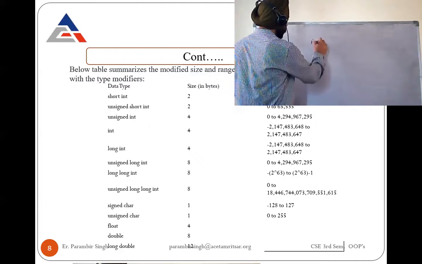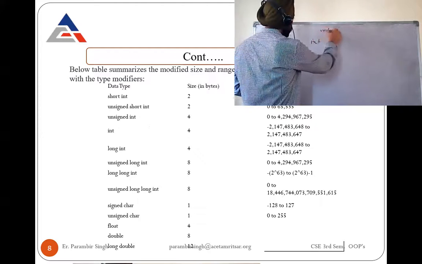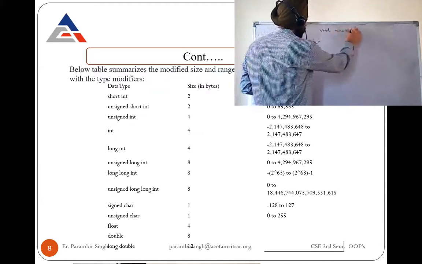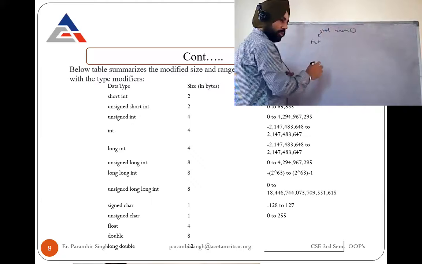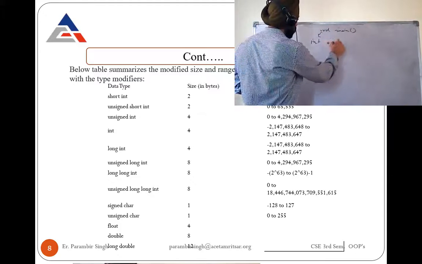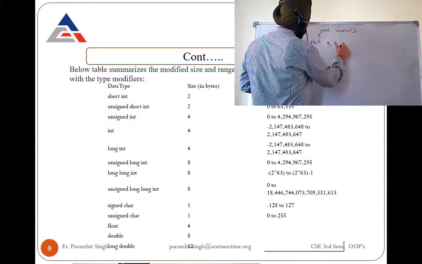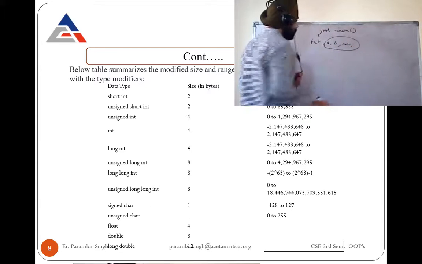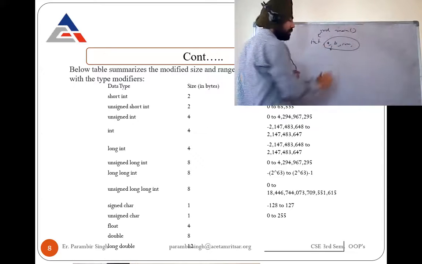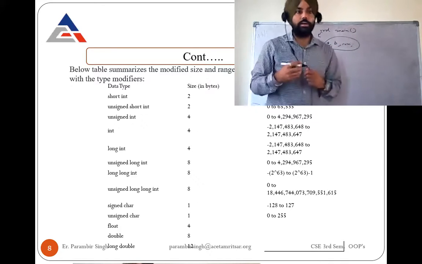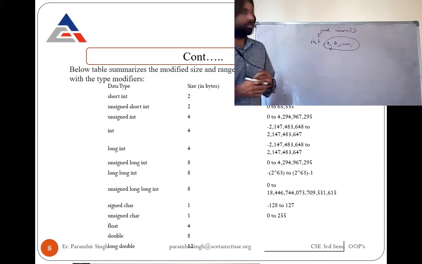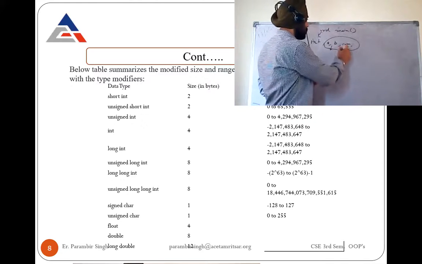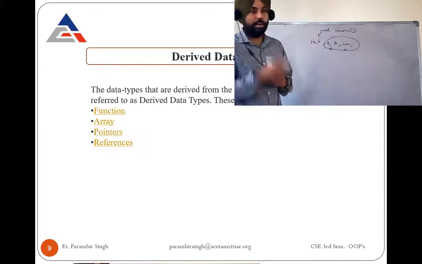Here I am going to write a program from the main function, where I declare variables int a comma b comma sum. When we add two numbers, we have to store the answer in a different variable, so for that we are using sum.